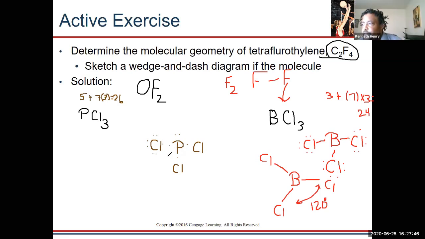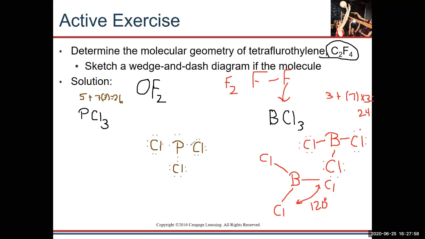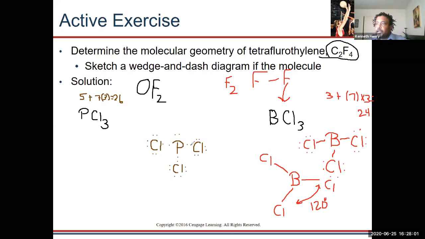So you said 7 around it. Is that correct? Yes. How many is phosphorus going to share with this chlorine? 1. What about this guy? One. Same thing. What about this guy? One. And this guy has 2 by itself? Is everybody happy? Yes.